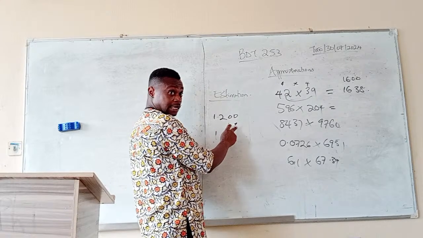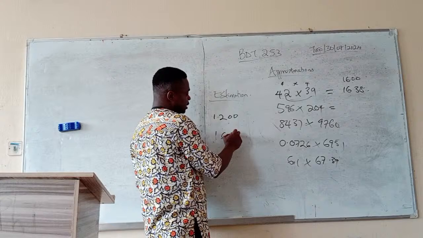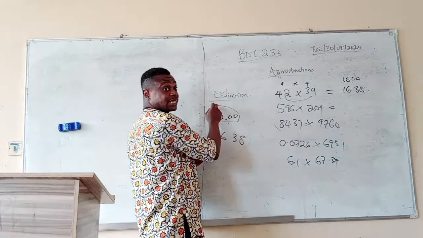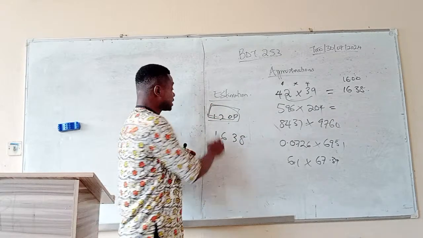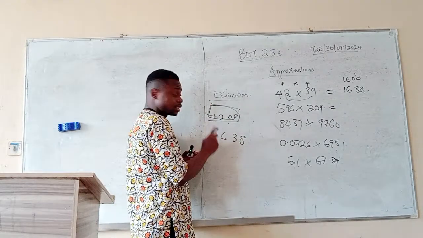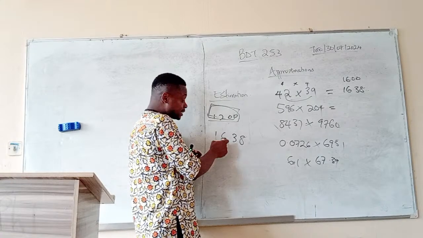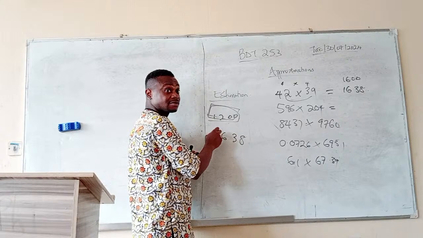Is that what you meant? The actual value is 1,000, 638, hmm. This is not a good estimate. Watch. This thing is 1,000 here, and here is 600, so the difference is 200. It's not a good estimate.